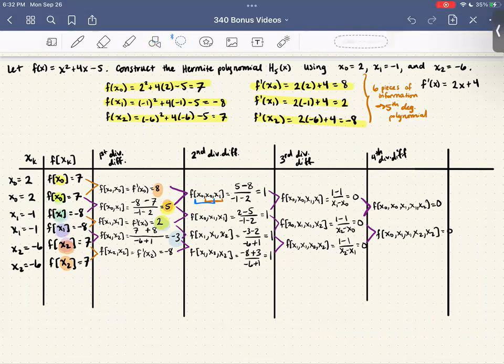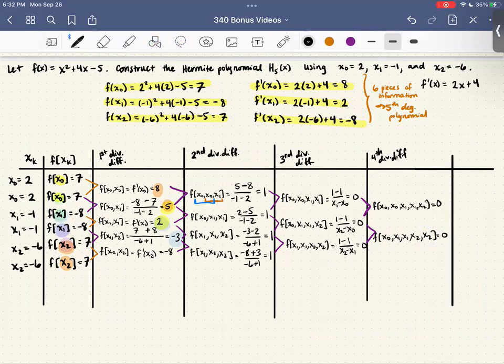Let me not cross things out here by accident. Okay, let's see if I can fit this here. Fifth divided difference. I'm combining these two divided differences. And when you get to the very last divided difference in your table, if you've done it correctly, you're going to have the divided difference where you include all the nodes.